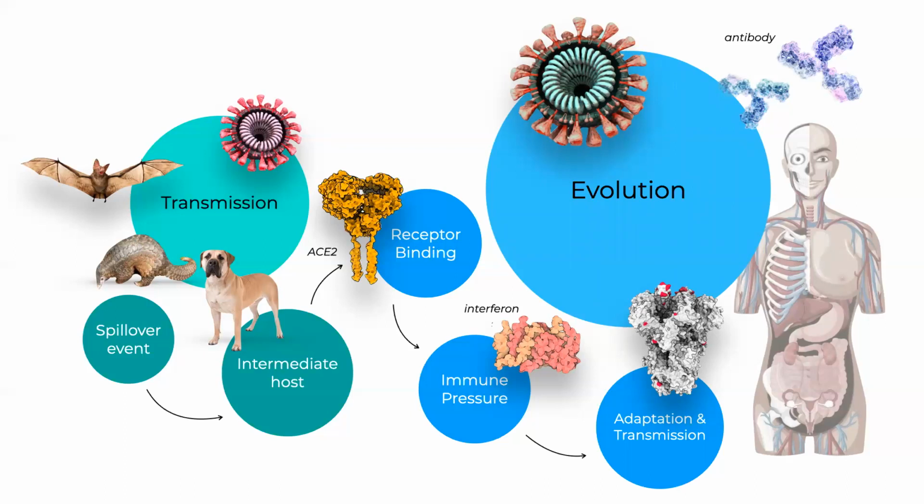And all of this is at the same time under the impact of the stochastic, random process of mutations occurring over time. Because it's a single strand RNA virus, and RNA has more mutations just naturally, it's a less stable molecule, we have a lot of random mutations that occur.